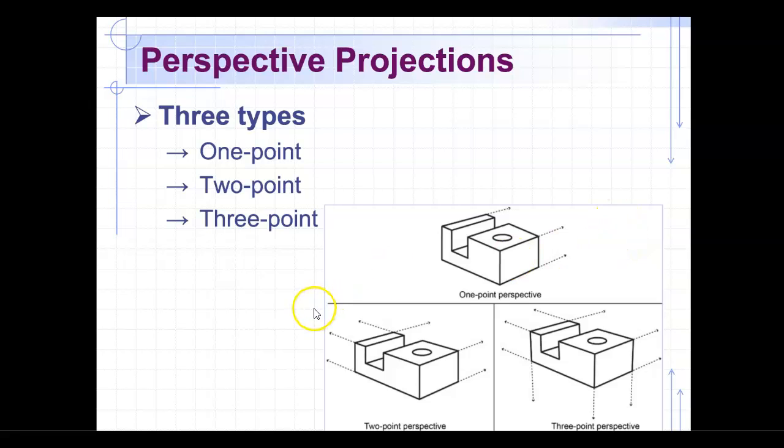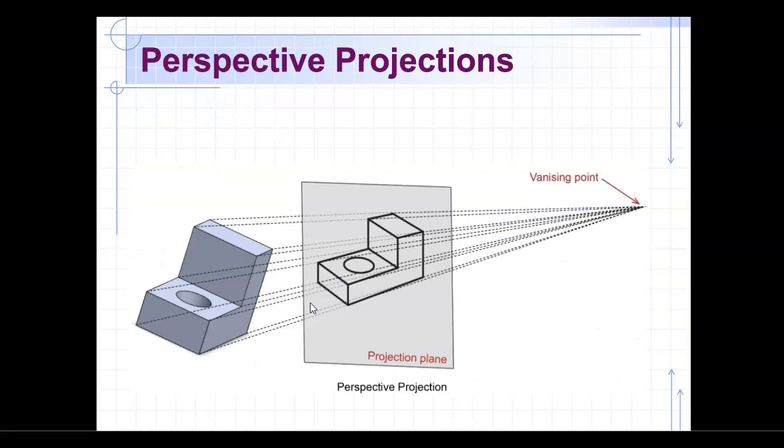So bear that in mind as you're thinking about these differences between your perspective drawings and your isometric or oblique drawings. Again, here's your vanishing point out there in space, showing the projection of all of those through that plane.